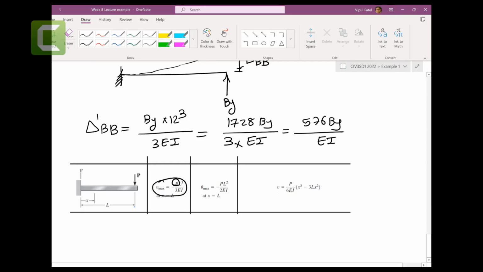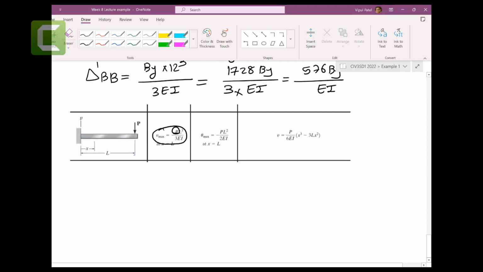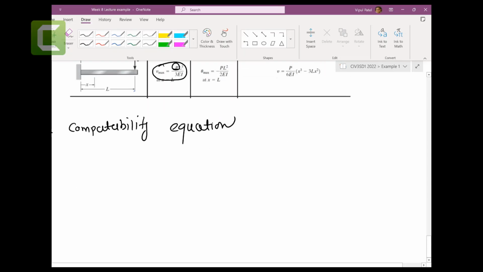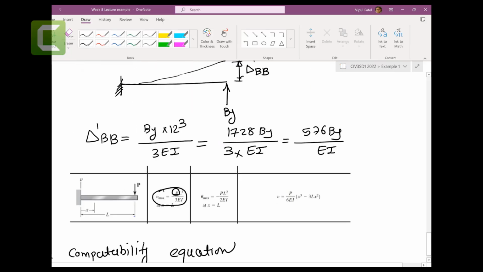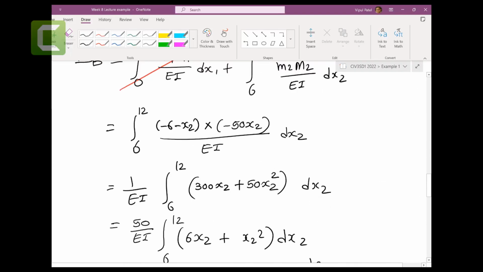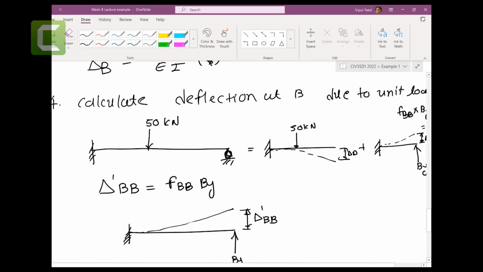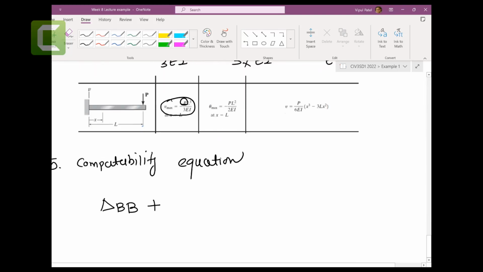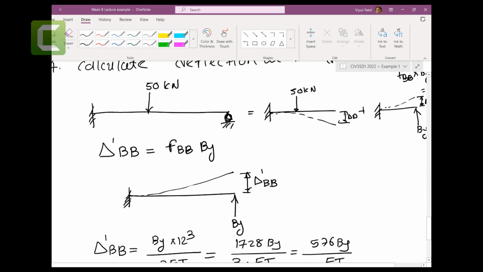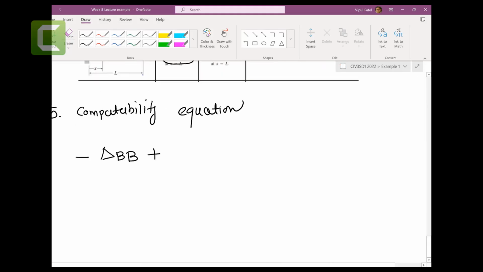Right, so that's simple. So now we have the compatibility equations. What is the compatibility equation? Delta BB is going down, by the way, and here we put it there, right? So delta BB going down, so let's put minus. Delta dash BB going up, so let's put plus, and that equals 0.